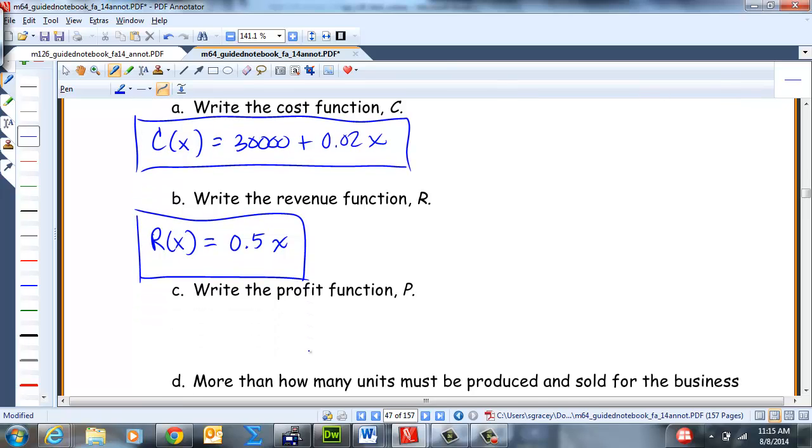Write the profit function. Well, the profit function is equal to the revenue function minus the cost function.